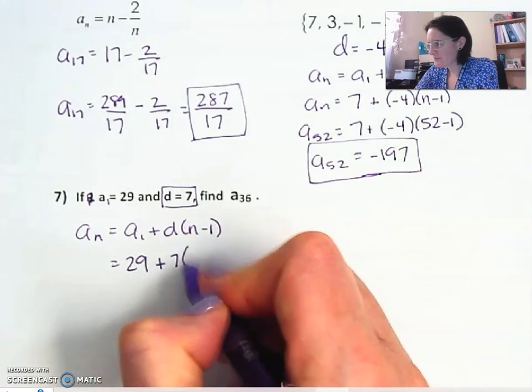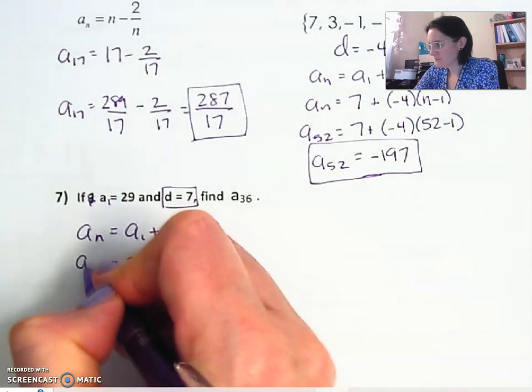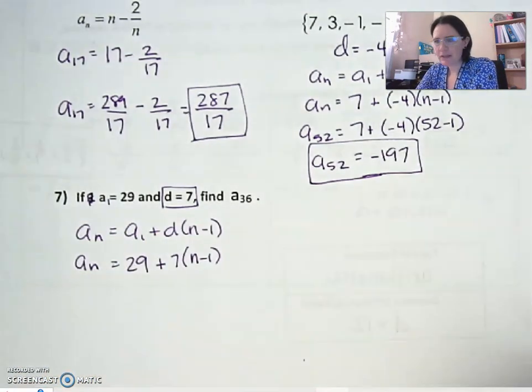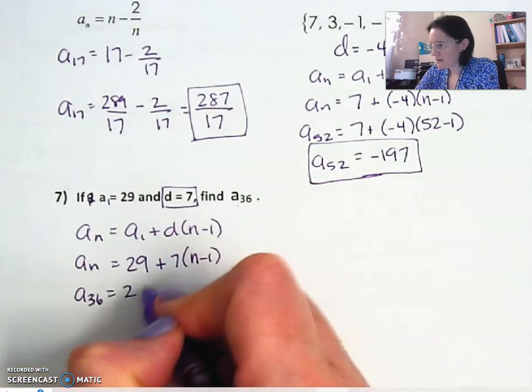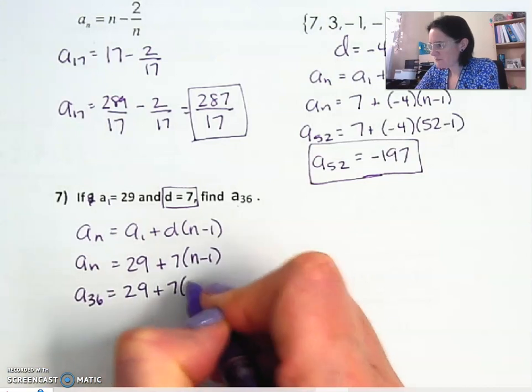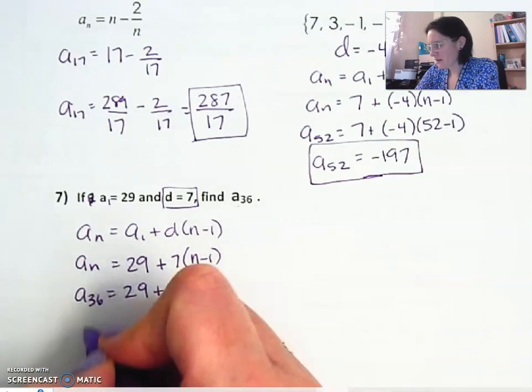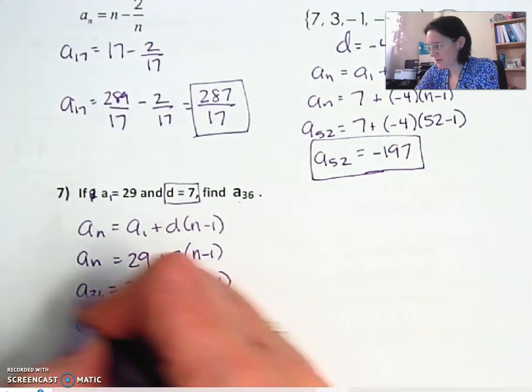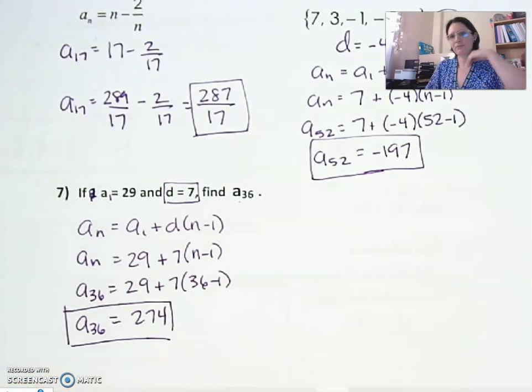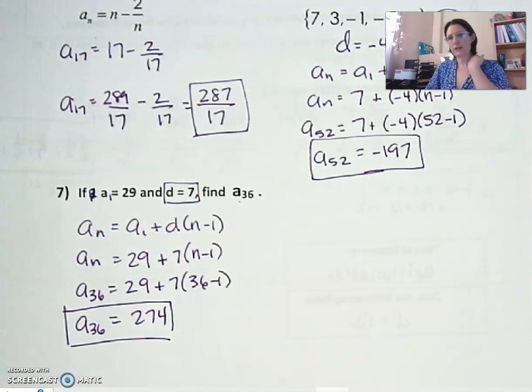D is 7. And I'm being asked to find A36. So I'm going to go ahead and plug in 36 for the n. And math ensues, and I get 274.